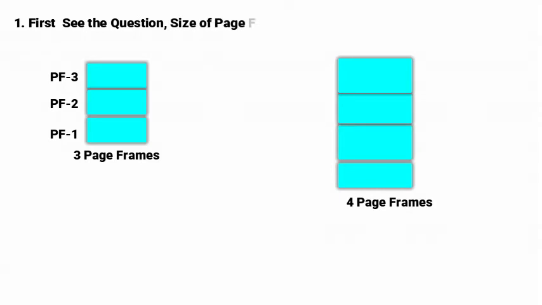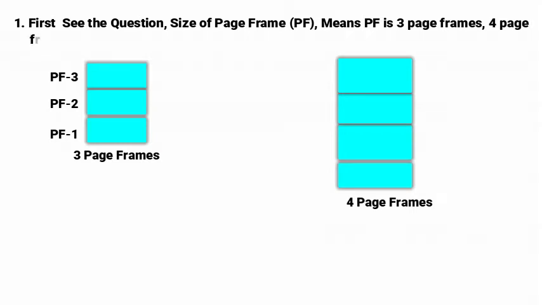First of all, you should know how many frames are given in your question. It may be 3 page frames, 4 page frames, 5 page frames, any one of them. First, see the question. Size of page frame, PF, means 3 page frames, 4 page frames, or whatever number is given in the question.